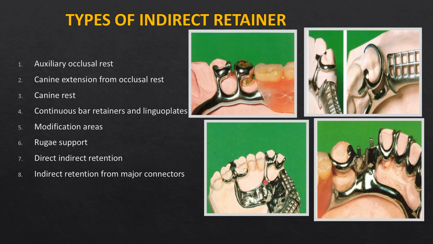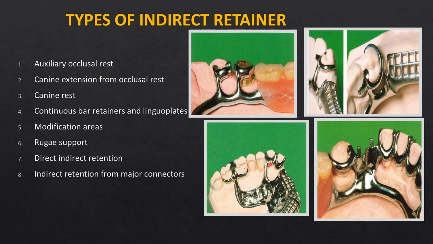Indirect retainers, however, are basically in crude form just rests which are placed anterior to the fulcrum line. So if these are the direct retainers and the fulcrum line passes through the direct retainers from the right side to the left side, any rest which is placed on the teeth anterior to the fulcrum line is known as an indirect retainer.